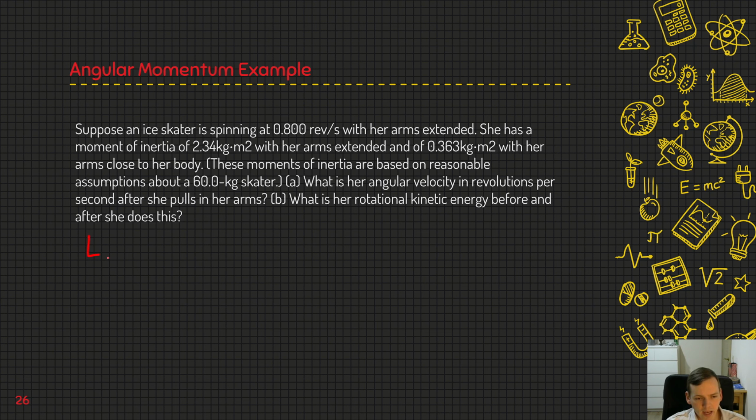Well, we know that angular momentum has to be conserved. So L initial has to equal L final. In other words, I initial times omega initial has to equal I final times omega final. If we want to find omega final, the initial moment of inertia divided by the final moment of inertia, times the initial angular velocity, has to equal the final angular velocity.